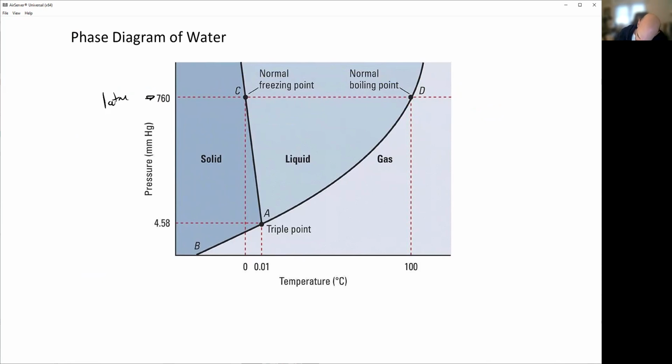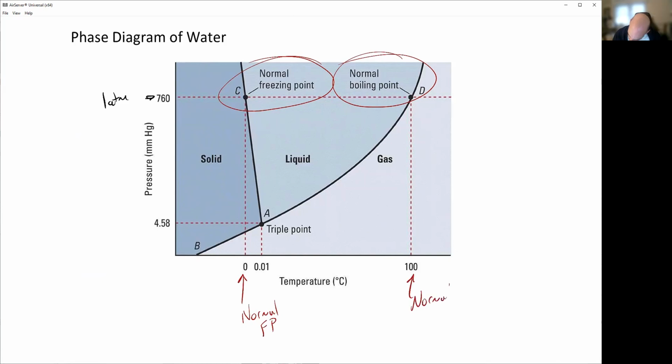And at 1 atmosphere, this makes this the normal freezing point and the normal boiling point. These are occurring because they just happen to appear. This is where those things are, and those are the temperatures at which they sit under the pressure of 760 torr. Okay, so that's the phase diagram of water.